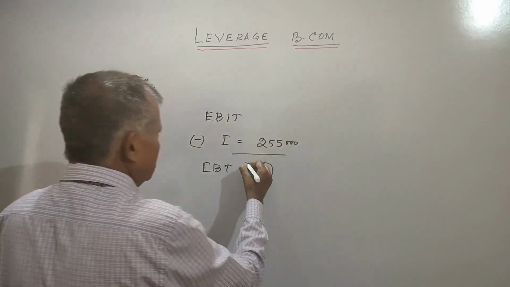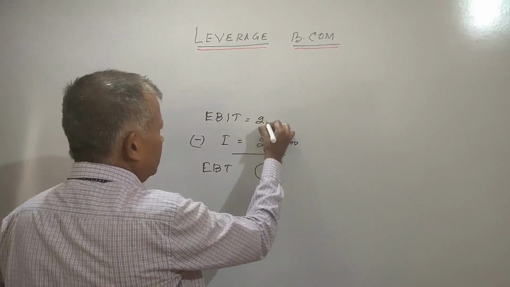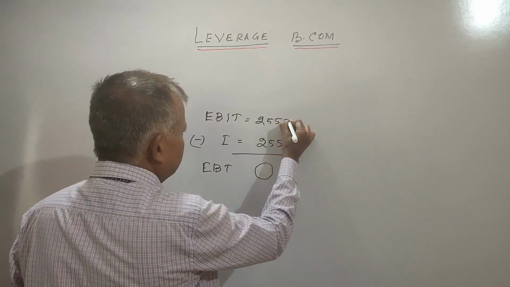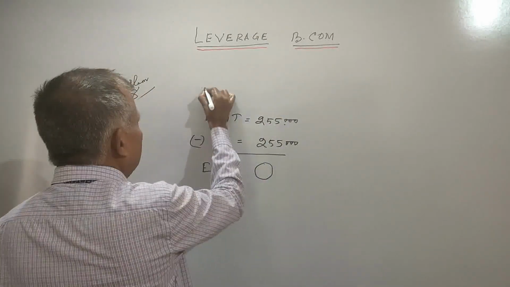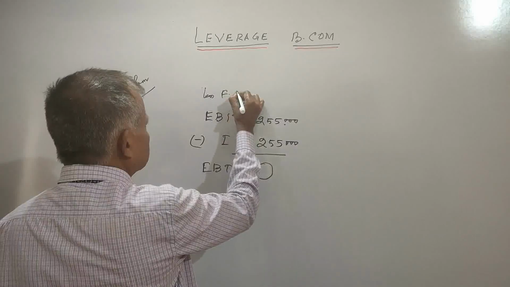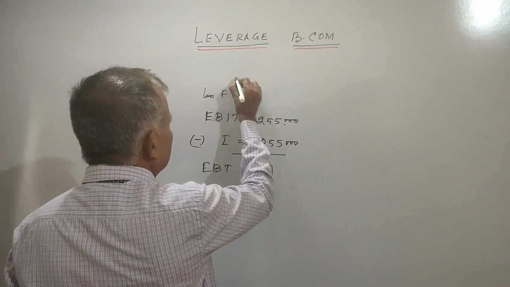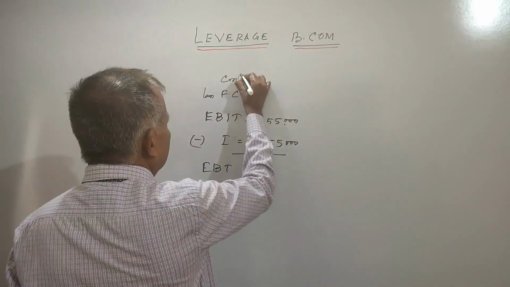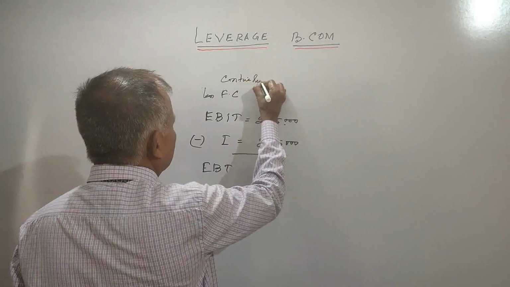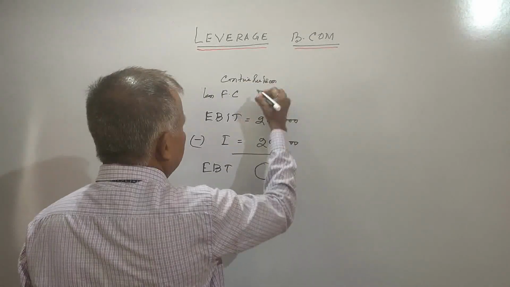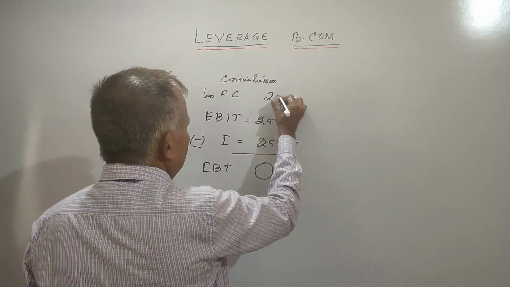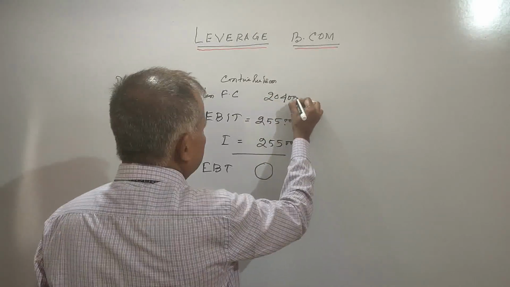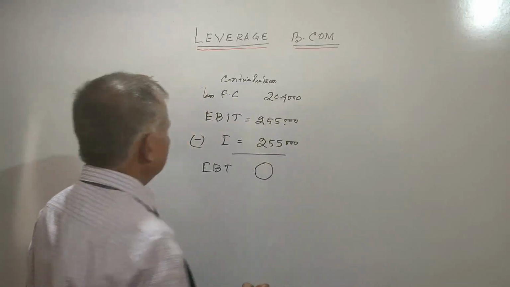So our EBIT will be 2,55,000, right? If we add fixed cost here, we will come to contribution. And fixed cost, we all know this is 2,04,000.